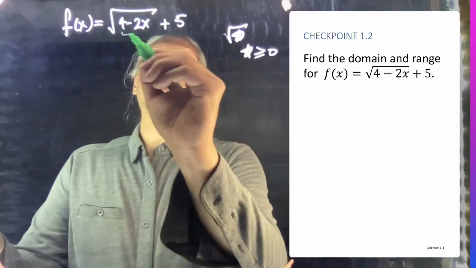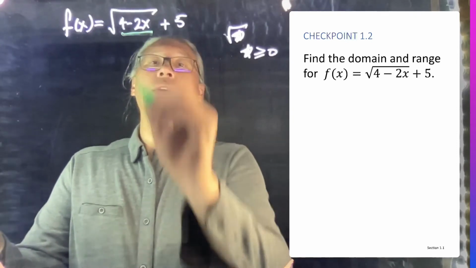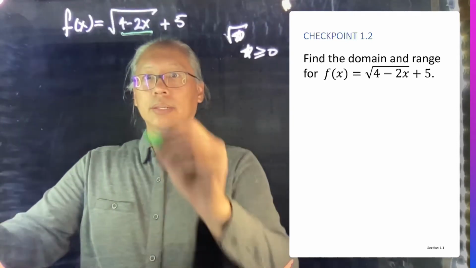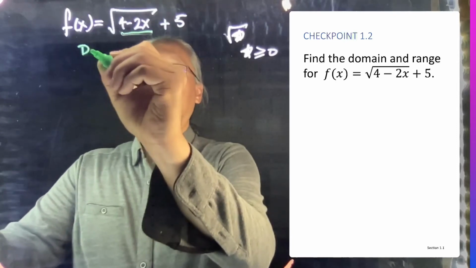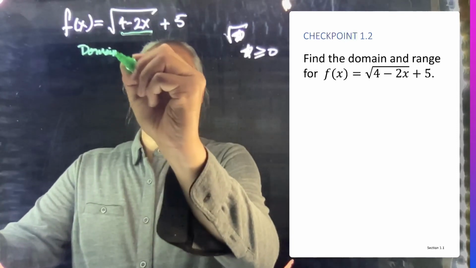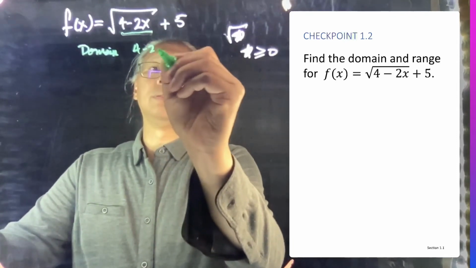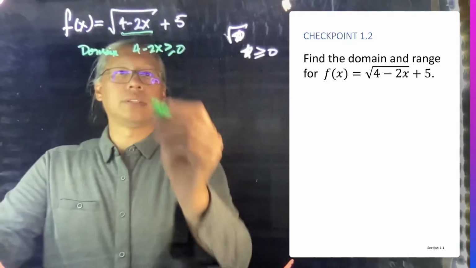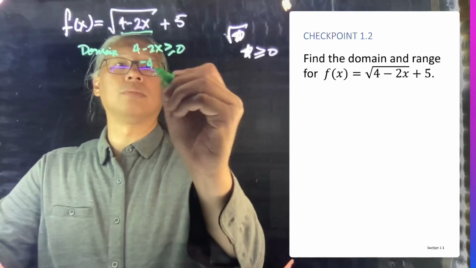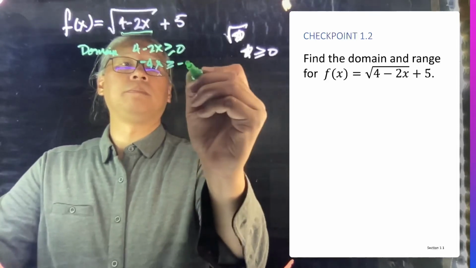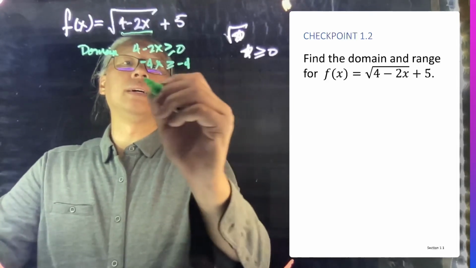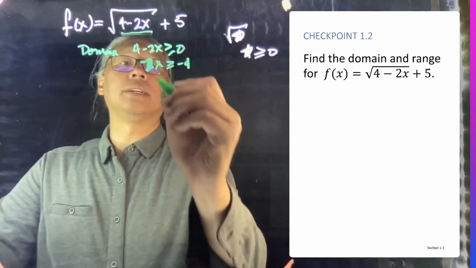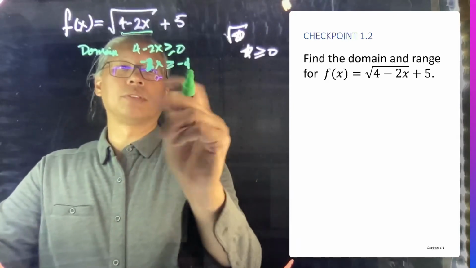We notice that inside of the square root is the expression 4 minus 2x. So for our domain, we want 4 minus 2x to be bigger than or equal to 0. If we solve for this, we subtract 4 from both sides, which leaves minus 2x.